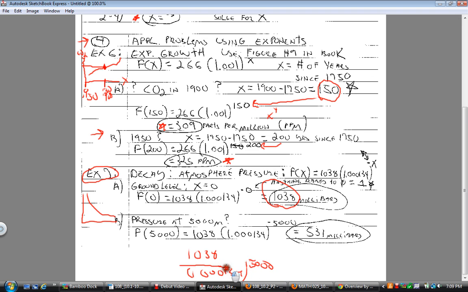So you can do it as a fraction, because remember negative exponents mean you're doing division, and you'll get your answer of 5,031. Okay, that wraps up page 4 of our section 10.2.